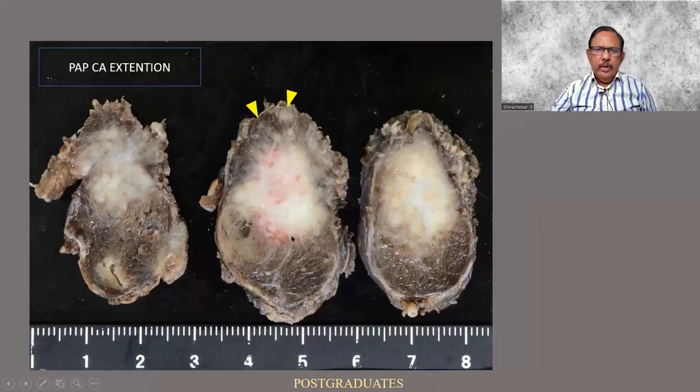So this is a tumor. I do not know the lesion per se. It is a histological diagnosis. But I am able to see some extensions. And this yellow arrow points out to it. We'll have to see whether it has invaded the capsule or not. The moment it is there, a thorough sampling of the lymph node is also mandatory. So this is an extension of the papillary carcinoma.